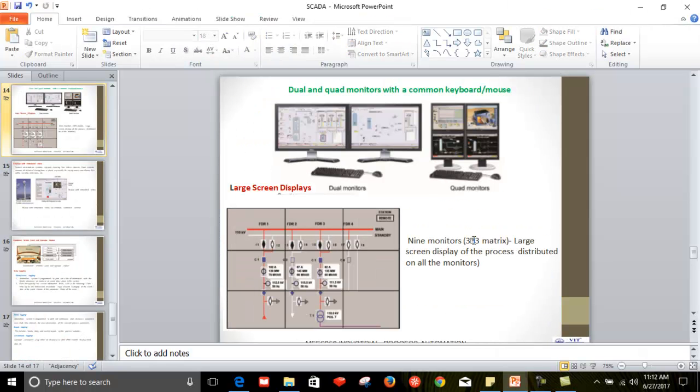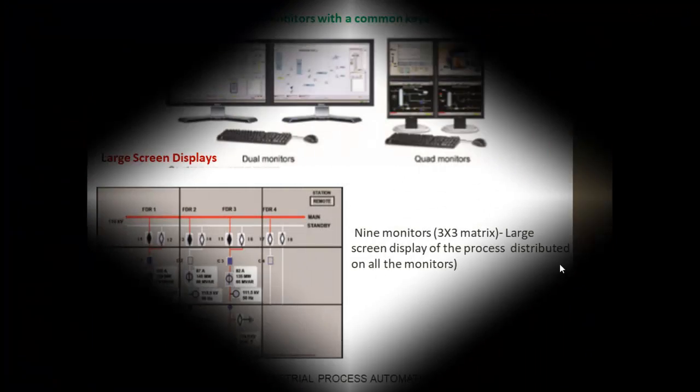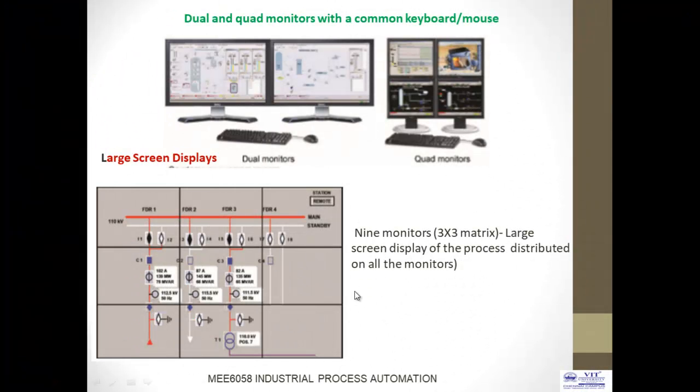That's a 3 into 3 matrix with large screen displays on each monitor. You're saying multi monitors, we have 9 monitors at most. These 9 monitors will take n number of processors together to monitor and control the process.